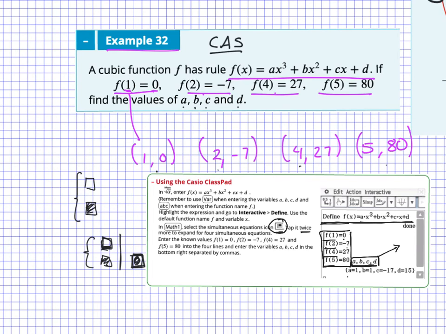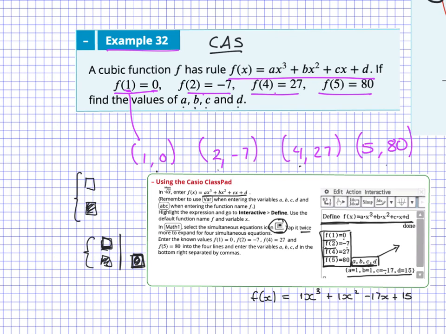Once you press enter, it will tell you what they all are, and then the last thing to do would be to rewrite the equation using those variables. So 1x cubed plus 1x squared, minus 17x plus 15. Take extra care with negative signs in the variable if there are already negative signs in the equation.